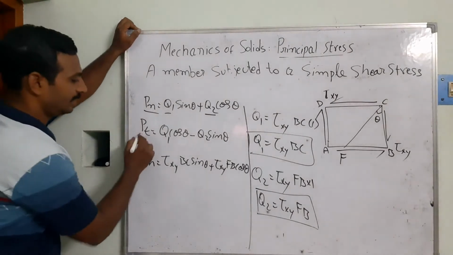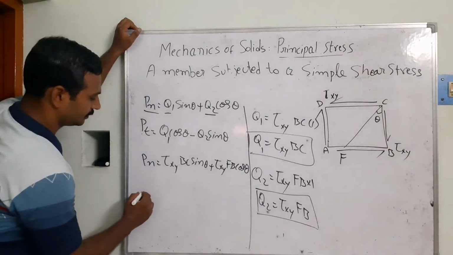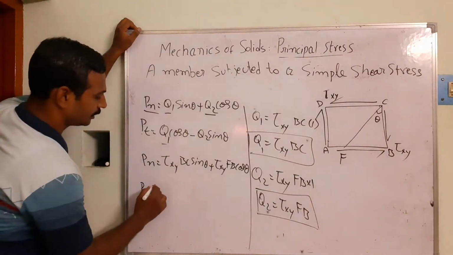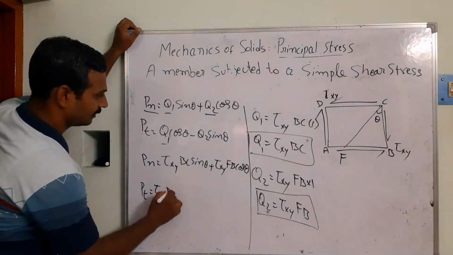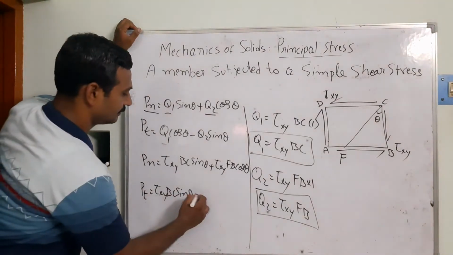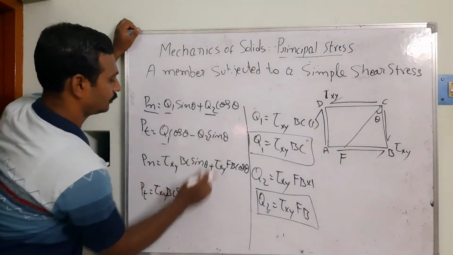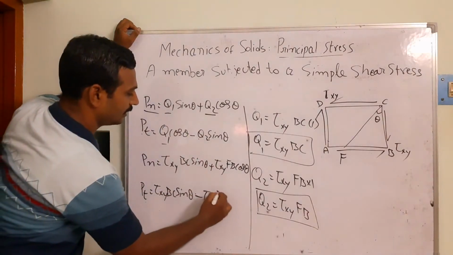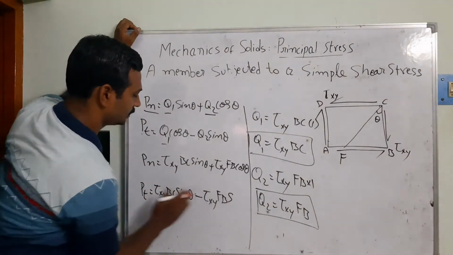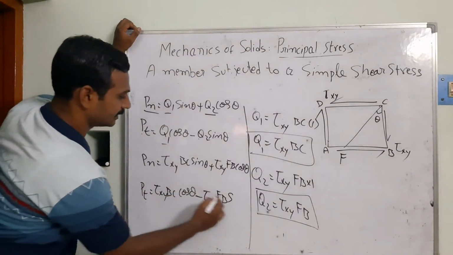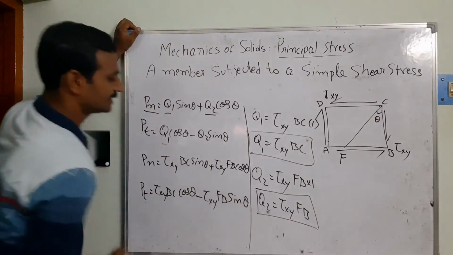And similarly, Pt is equal to Q1, which becomes tau xy BC sin theta, sorry, here it is going to be the minus Q2, which is tau xy FB, and this is going to be the cos theta. This is the cos theta and this is going to be your sin theta.